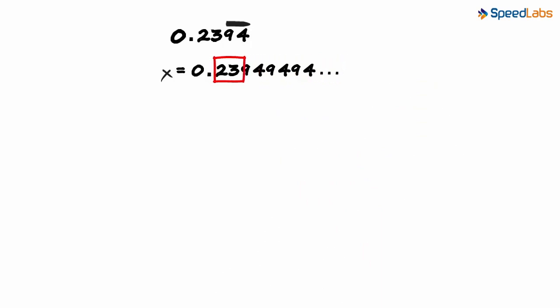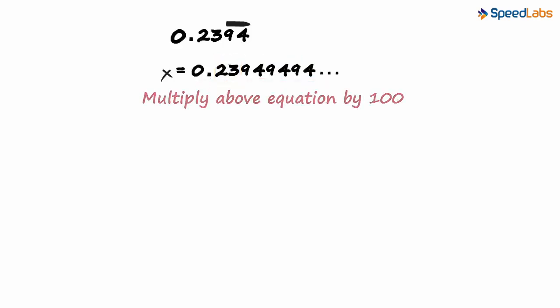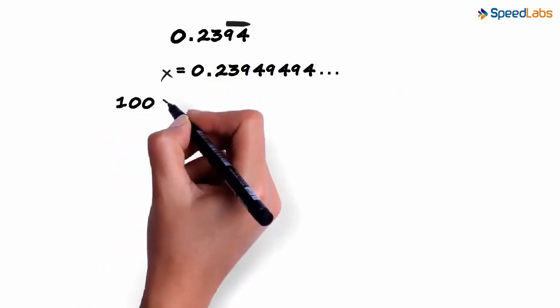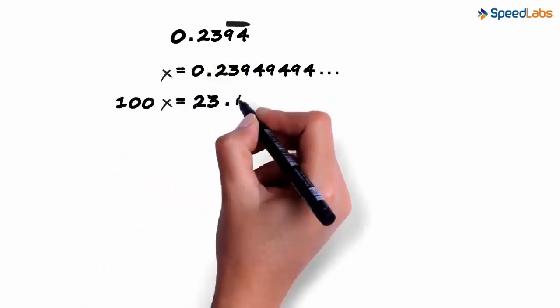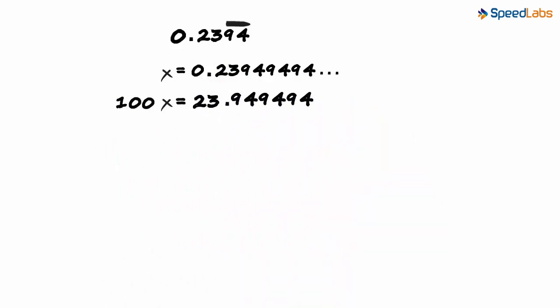We need to get 23 here to have just the recurring part on the right side of the decimal. Hence, we multiply this equation by 100 and get 100x equals 23.94949494 and so on. So we got the recurring part on the right side of the decimal. So let's call this our first equation.